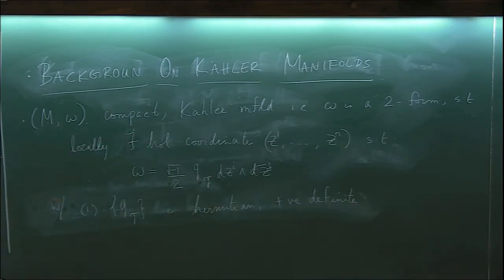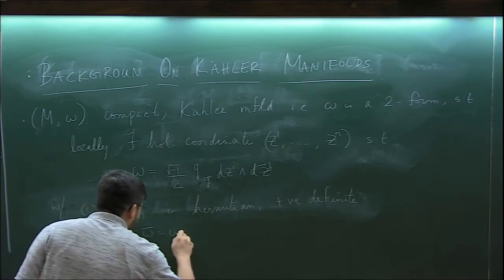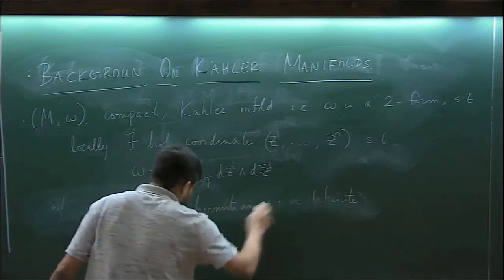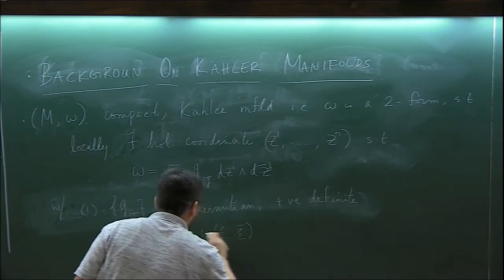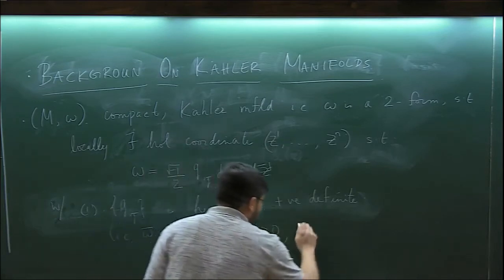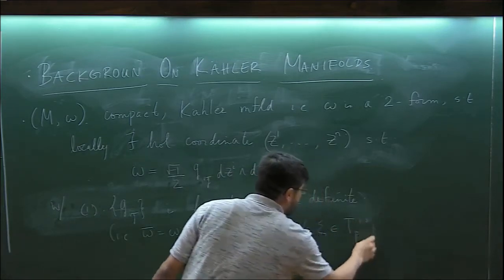Okay, so the Hermitian part basically tells you that omega is a real 1-1 form, and this positive definiteness basically tells you that this is positive for all tangent vectors of type 1, 0. Right?